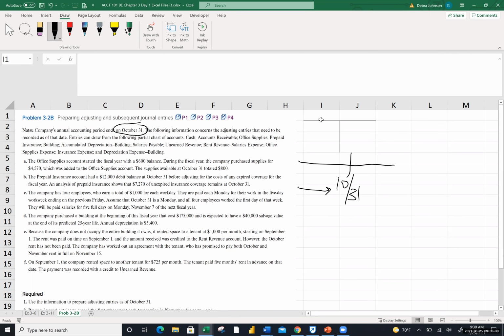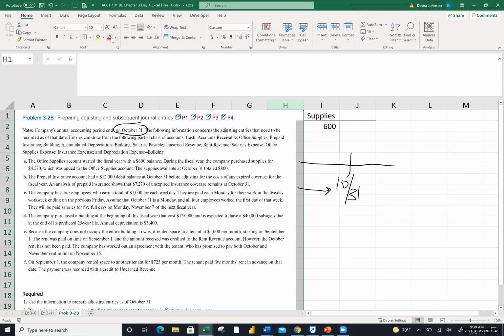And so I'm going to create a supplies T account. Right before you guys came in, I just made a little T to make it a little bit neater. It says we started the year with 600. I'm reading from letter A. In fact, let me put a little letter A in here in red so it sticks out.